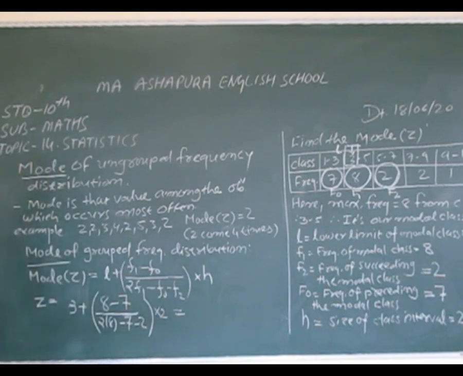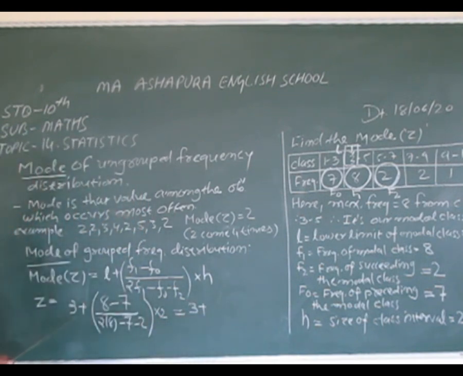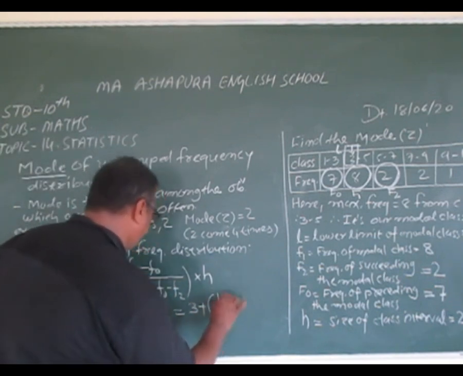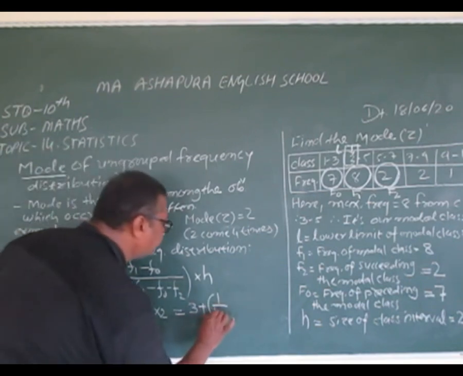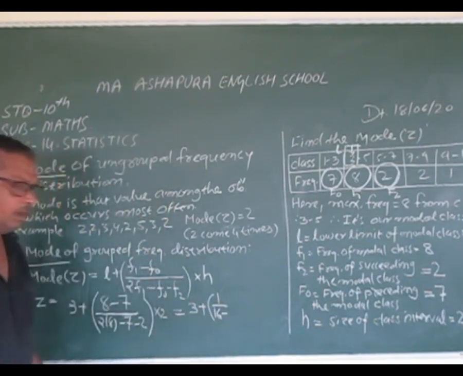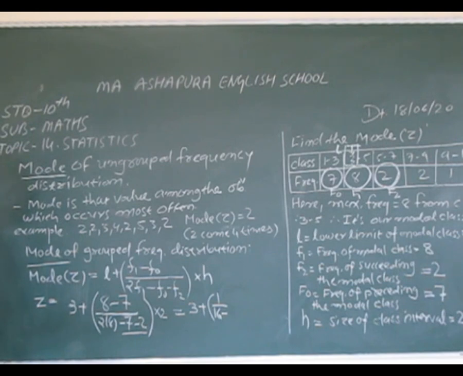Now simplify the bracket once again and the remaining terms still continue. That means 3 plus, into bracket, 8 minus 7 is equal to 1, by 2 8s are 16 minus, you know that the sum of two negative integers is always a negative integer. Here minus 7 and minus 2 are both negative integers.